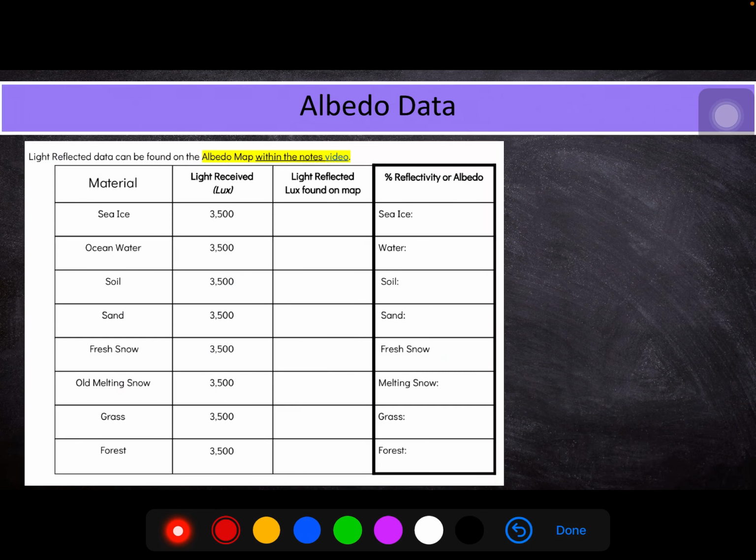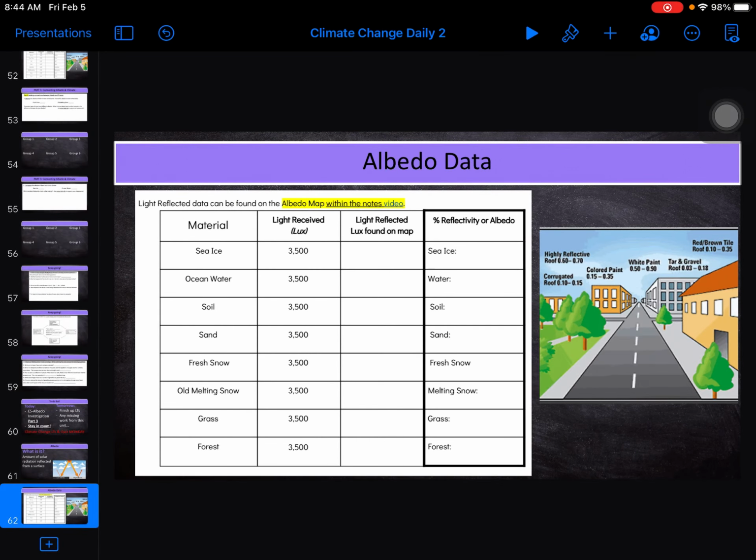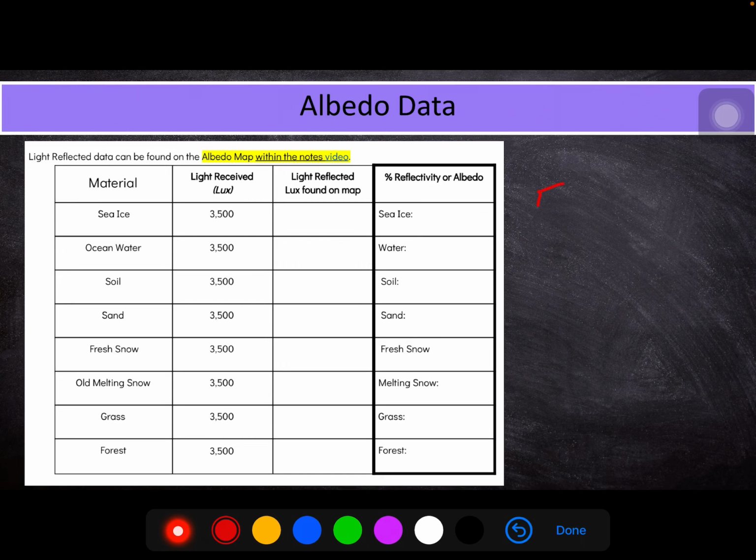And you looked at some different data in your investigation, and we kind of pulled together a consensus that the high albedos are light-colored surfaces, right?